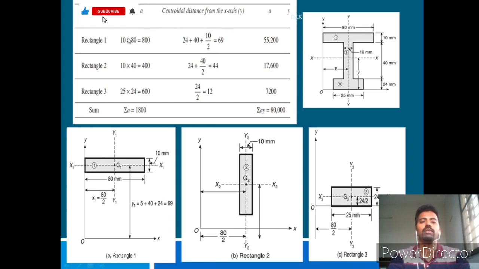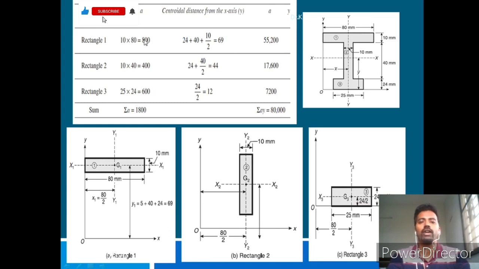If you multiply area into y, 800 into 69, you get ay. Similarly for the 3 sections. Now you can think, what about a into x? We know x is common for all the objects, that is 40.